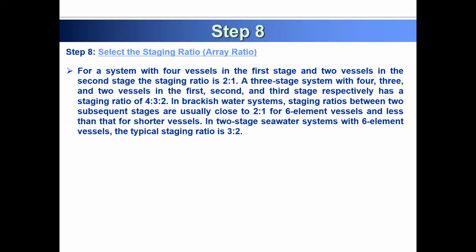So the second stage receives more water, so that this will give you a better staging ratio. So you design for a 3-to-2 ratio of your stage for your pressure vessels.